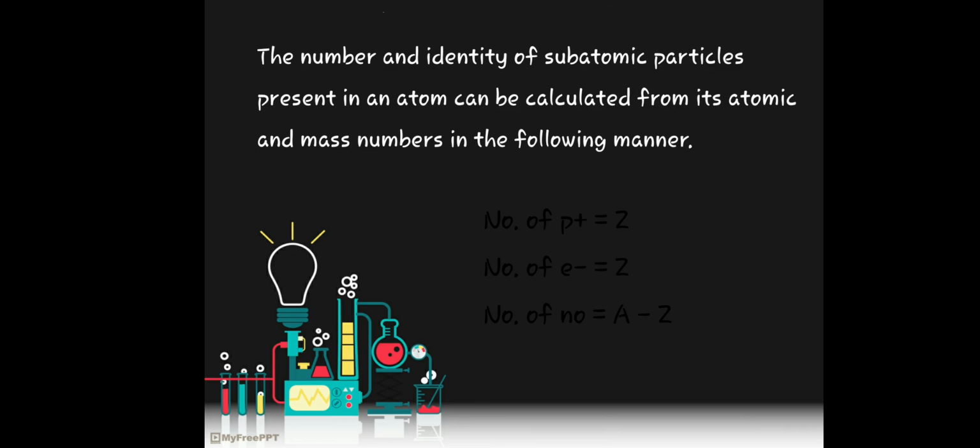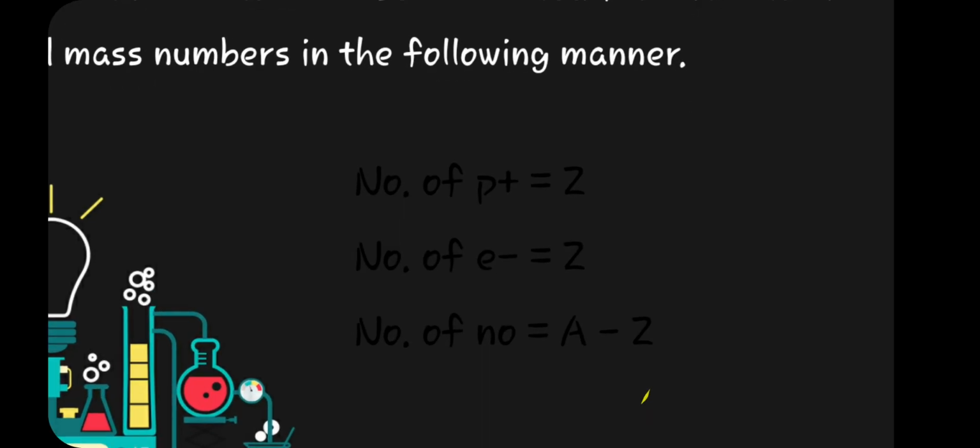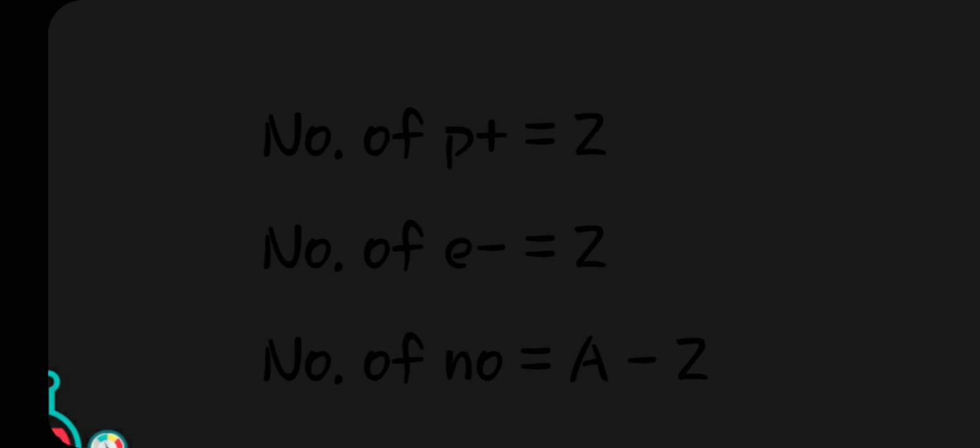The number and the identity of subatomic particles present in an atom can be calculated from its atomic and mass number in the following manner. We have number of protons is equal to atomic number. Sabi ko nga, 'di ba? Kapag ang atomic number ng isang element ay 1, let's say in hydrogen, kasi sa hydrogen ang atomic number ng hydrogen ay 1, so ang proton niya ay 1 din, because the number of protons is equivalent to the atomic number of an element.